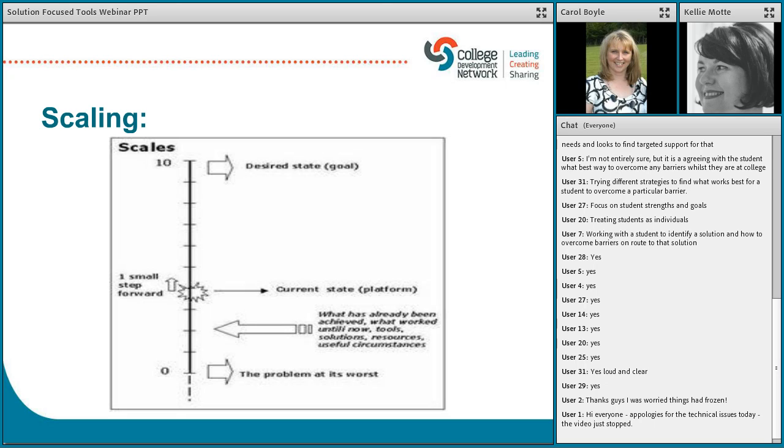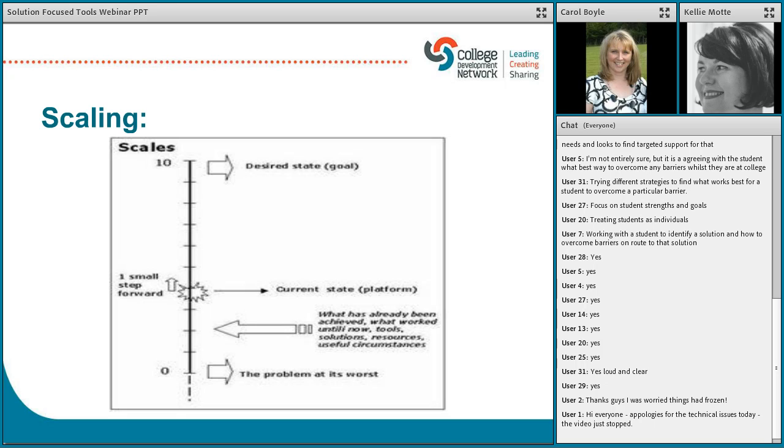I'm just going to share with you some examples of using scaling. So you might say something like, imagine a scale from 0 to 10. 10 represents how you want things to be when the problem is solved, and 0 is the opposite. What number are you on that scale right now?